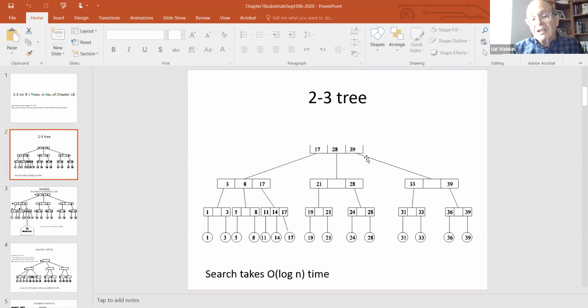So I don't really need the 39 to match the logarithmic time. Now, one quick observation, which I sort of skipped. Is this clear? What I just said, that basically you don't need the maximum of the right tree, meaning whenever you see here 3 numbers, 2 would be enough for search. Whenever you see 2 numbers, 1 would be enough for search. Is that clear?